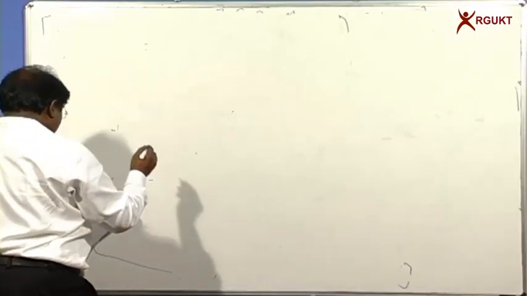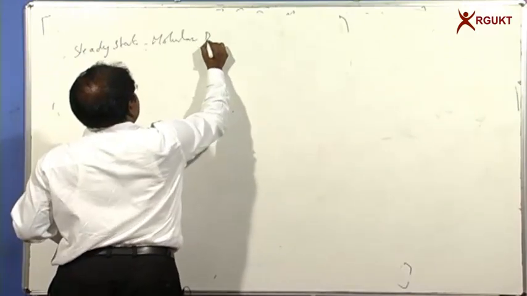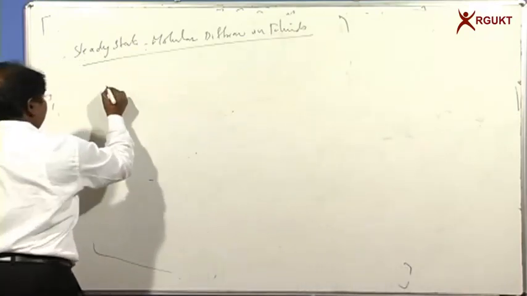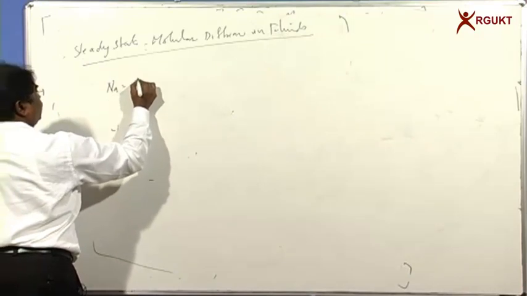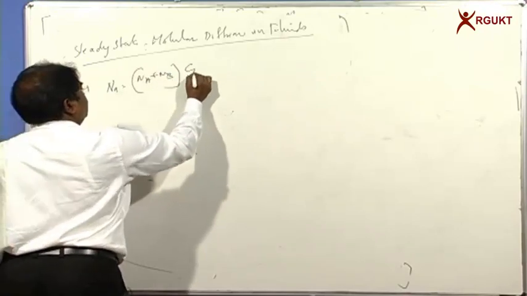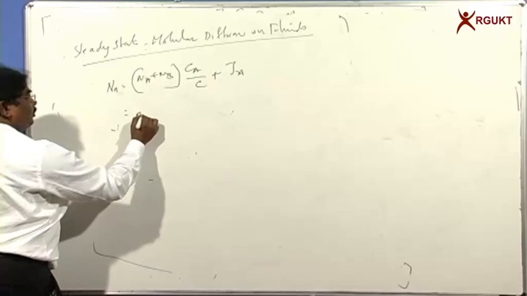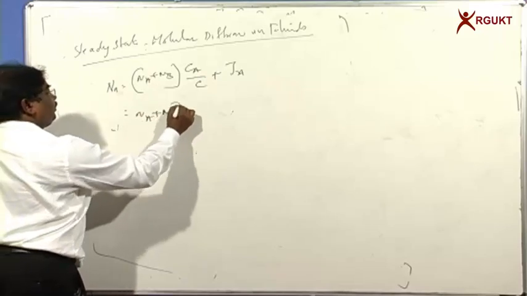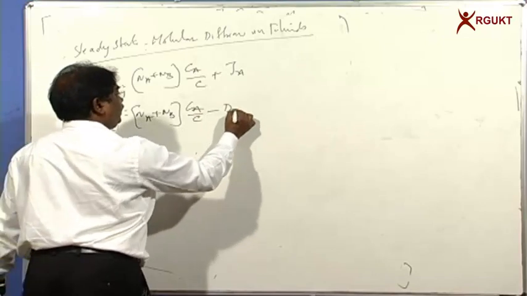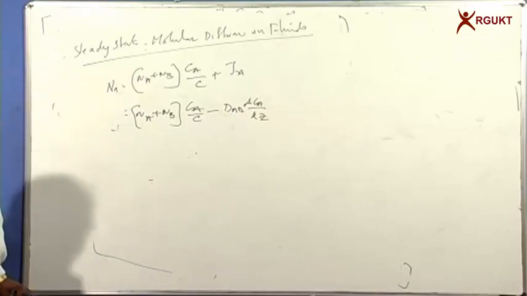We are interested in estimating the steady state molecular diffusion in fluids. As we already know, N_A is equal to (N_A plus N_B) into C_A/C plus J_A, that is equal to (N_A plus N_B) into C_A/C minus D_AB into dC_A/dz, substituting Fick's second law equation.